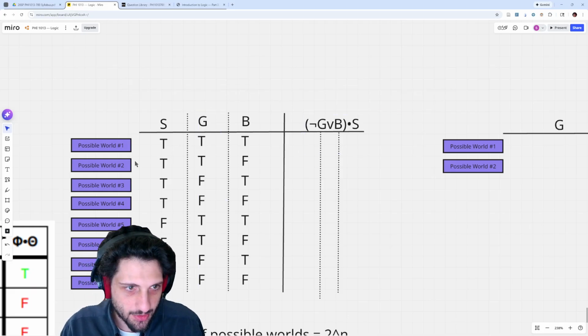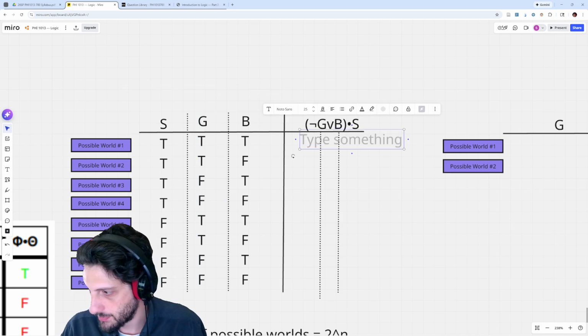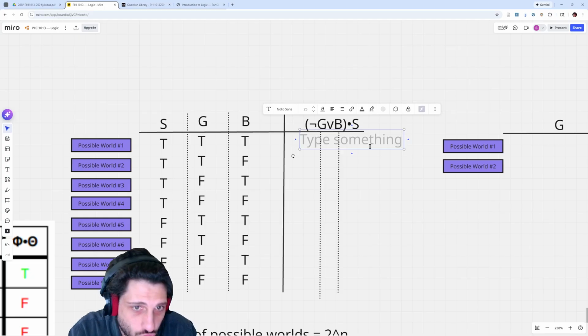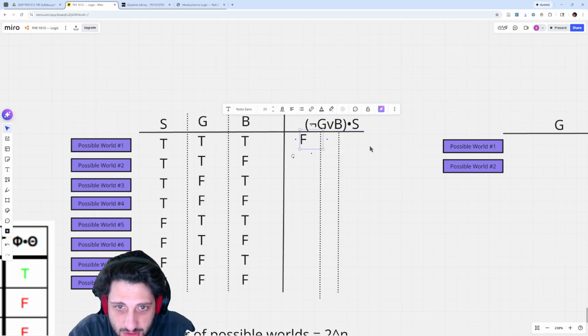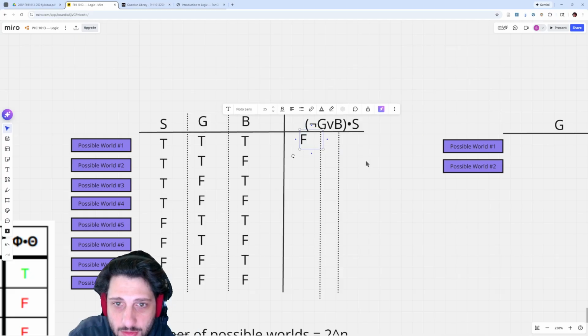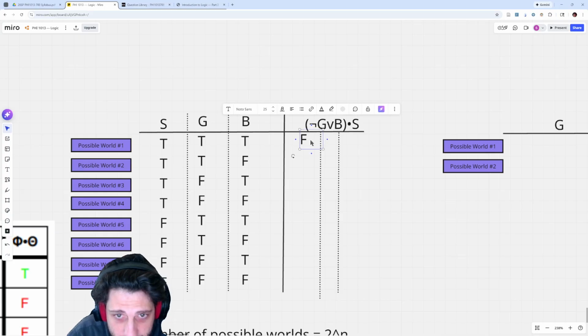In world 1, since G is true in world 1, that means not G is false, right? So let's go ahead and just finish at least this first row. Not G is false in world 1.